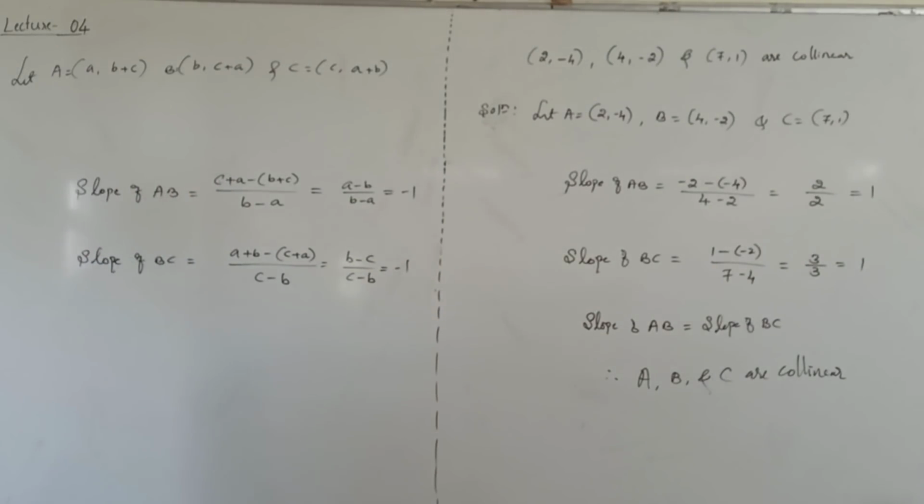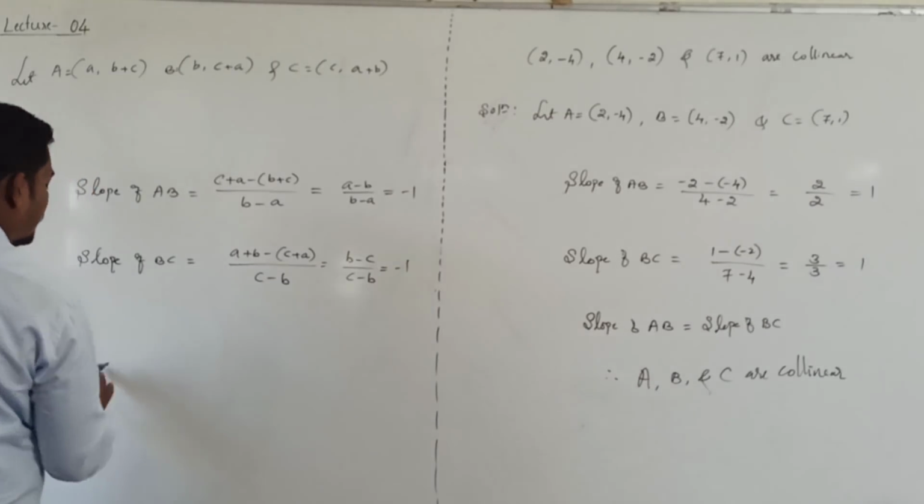Clearly slopes are equal. Slopes equal means clearly points are collinear.